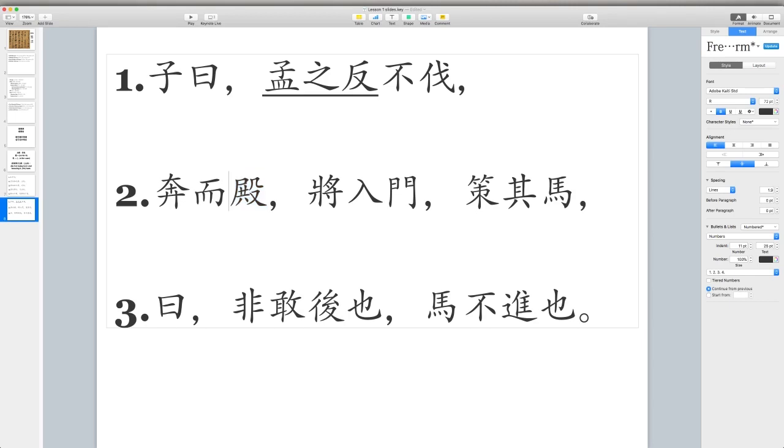But here it's a verb because it comes after that 而, right? So here it means to serve in the rear or to be in the rear guard. So we can say that the coordination between these two verbs is probably temporal, right? It's a time thing. While retreating, he was serving in the rear guard, right?